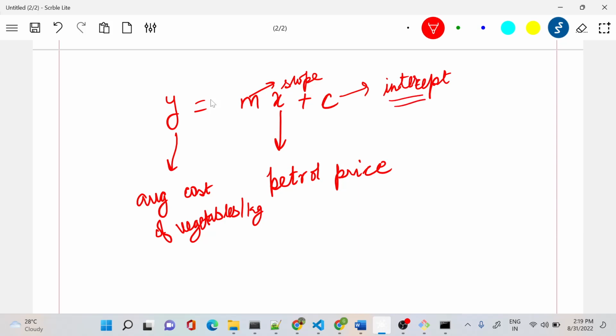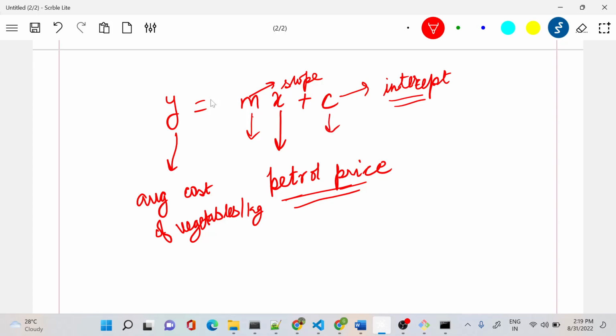We know the petrol price, and for trading purposes we know the average cost of vegetables per kg. It is given in the data set. So to fit our model, we need to know the accurate values of m and c.